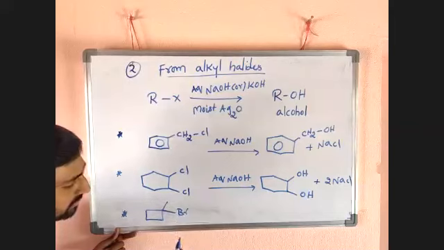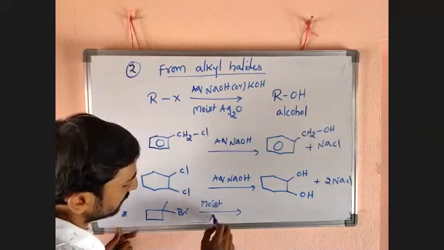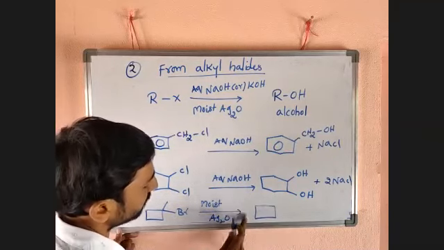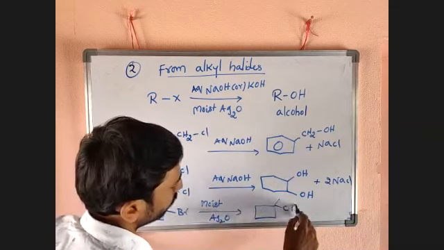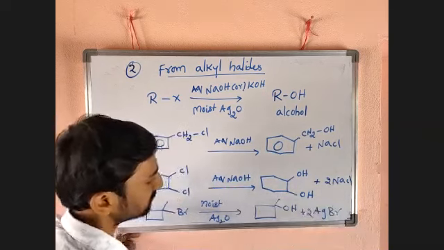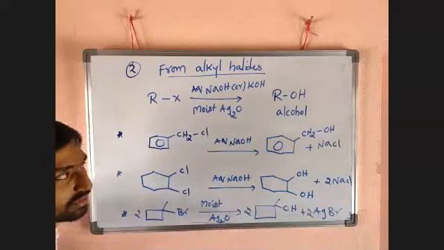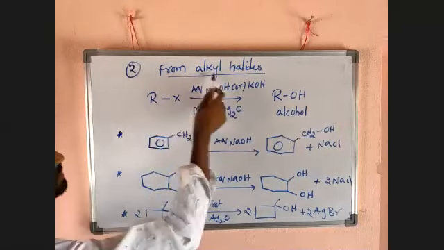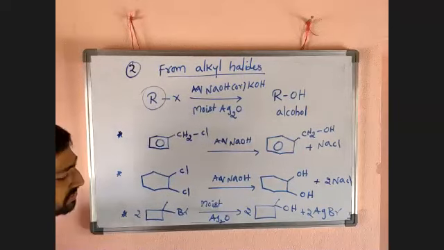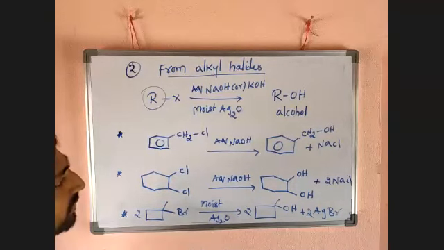If Br is there, with moist Ag2O, in the place of Br you will get OH, and AgBr is eliminated. 2 moles have to be taken here, and also here. So it happens like that from alkyl halide. In the place of R, we can take anything. It is already discussed in chemical properties of alkyl halides. You can note it down quickly.